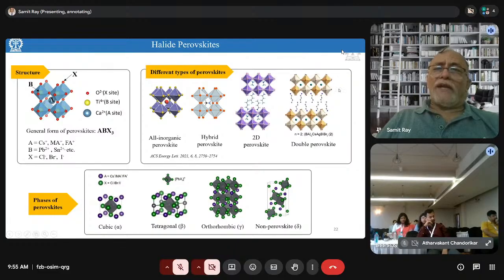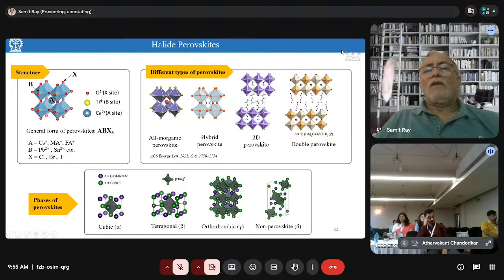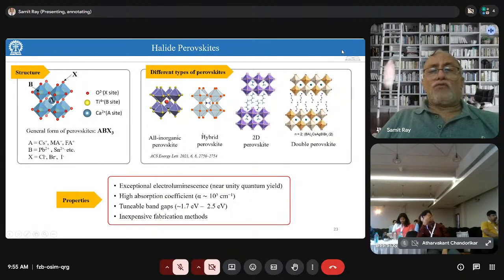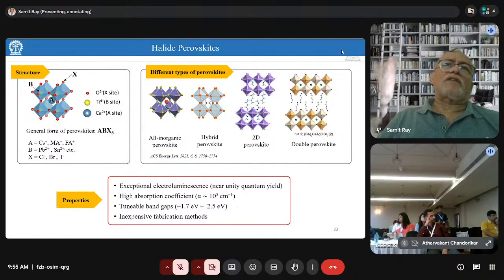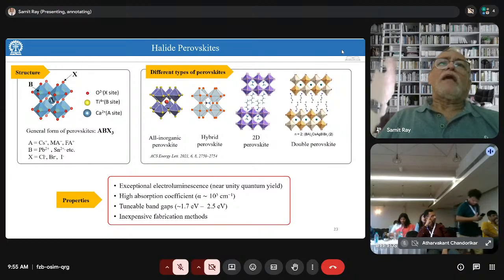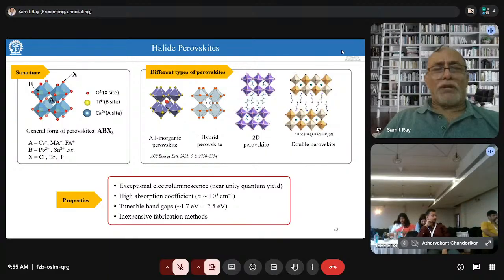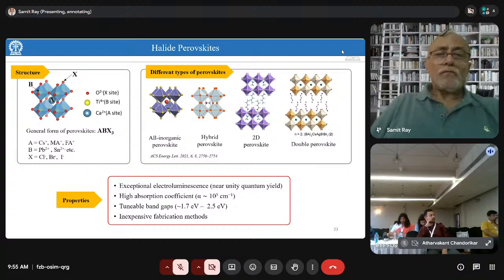So different kinds of perovskites can be used. We have used all-inorganic perovskites without any organic materials in them. And our aim is to find out whether we can make perovskite solar cells at room temperature and laboratory ambient conditions without using any glove box.